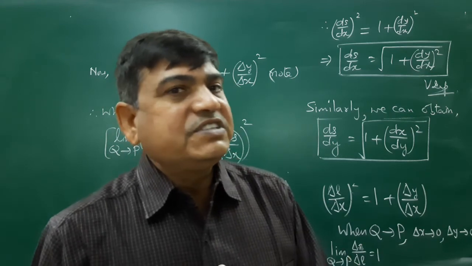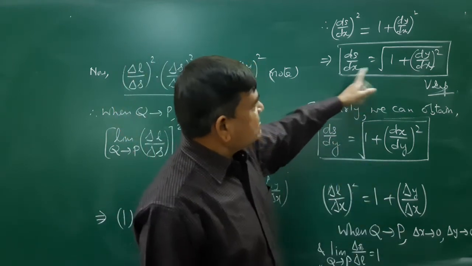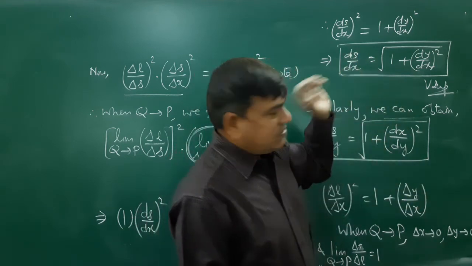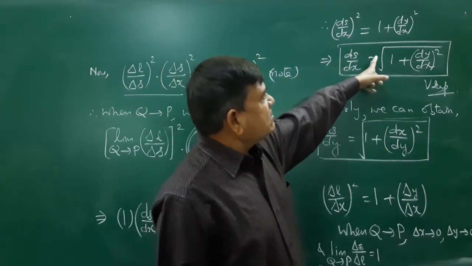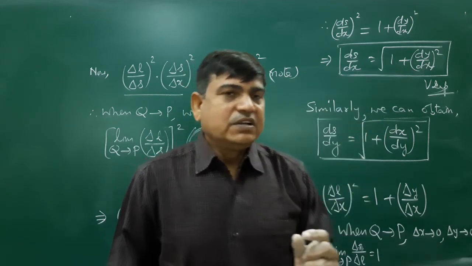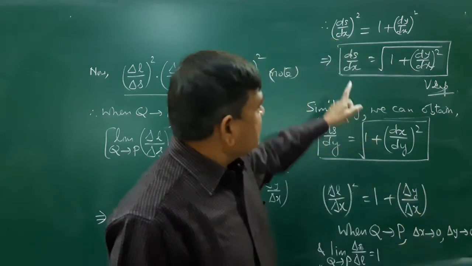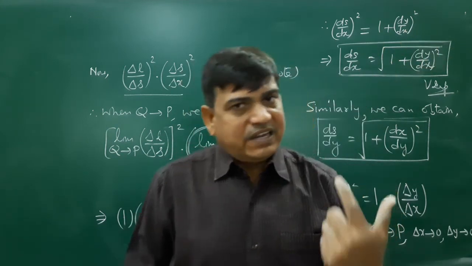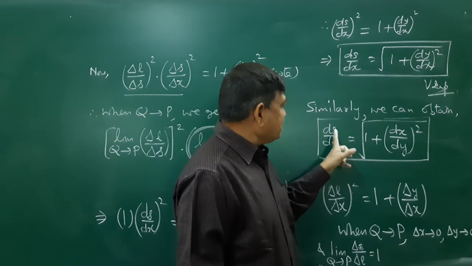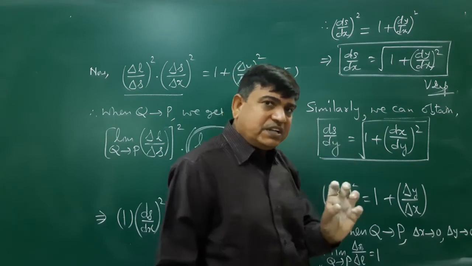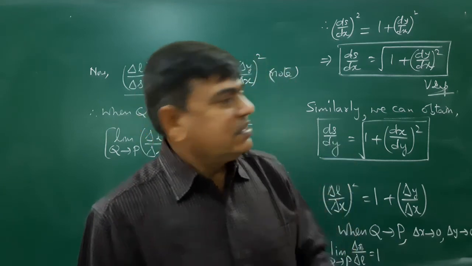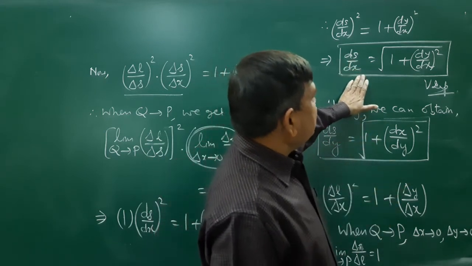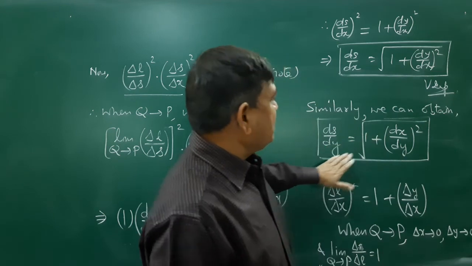So if Cartesian curve is given, then ds by dx is given by this formula, ds by dy is given by this formula. Now you may have one question that what is here sign, it is plus or minus. तो x के साथ में यदि s इंक्रीज हो रहा है तो प्लस साइन लेंगे, अदरवाइज हम नेगेटिव साइन लेंगे। यहाँ पर y के साथ में s यदि इंक्रीज हो रहा है तो ये रेट ऑफ चेंज पॉजिटिव होगी, अदरवाइज दिस विल बी नेगेटिव। सो देयर इज नो कंफ्यूजन, ds upon dx is given by this and ds upon dy is given by this.